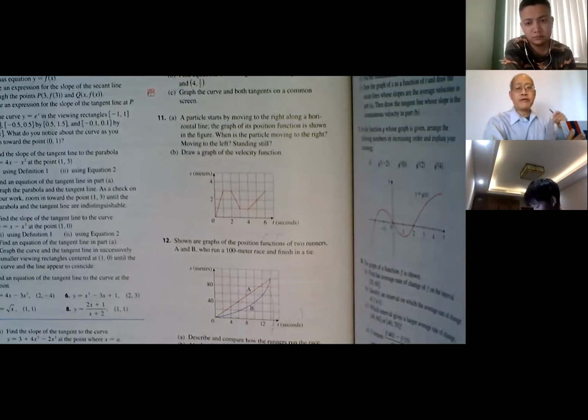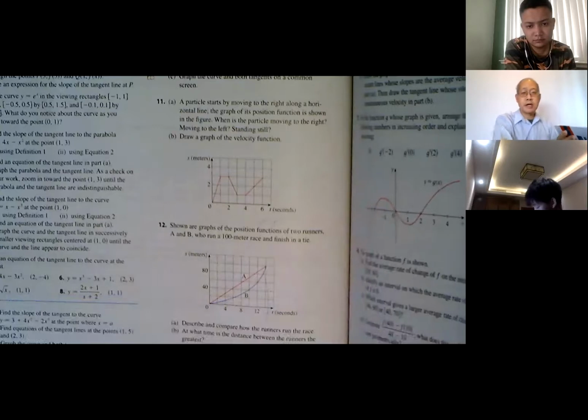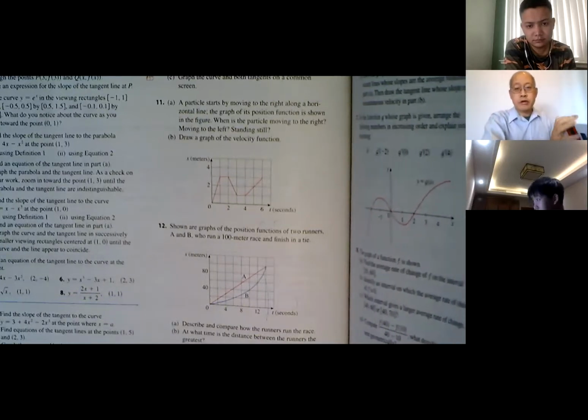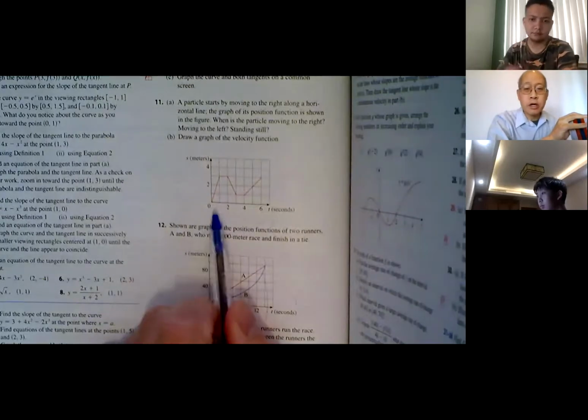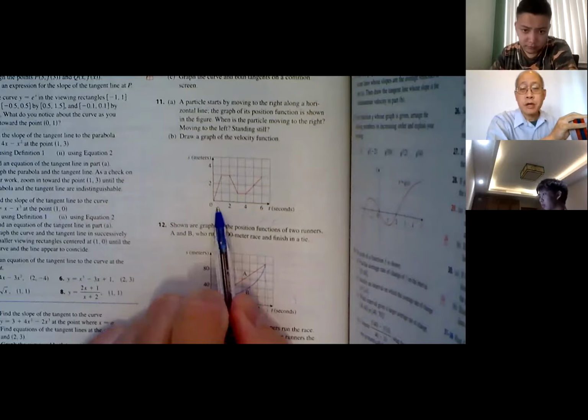Now, graph of the velocity function, that's going to be tricky for me to do because I'm running out of hands. I'm holding up the book and getting this. But I'll try to get that for you. Okay, so I'm making a table of velocity versus time. So between 0 and 1, what's the velocity?